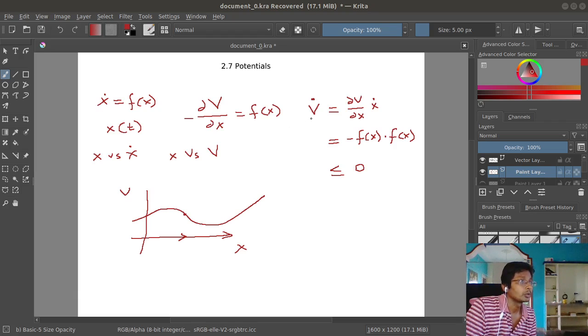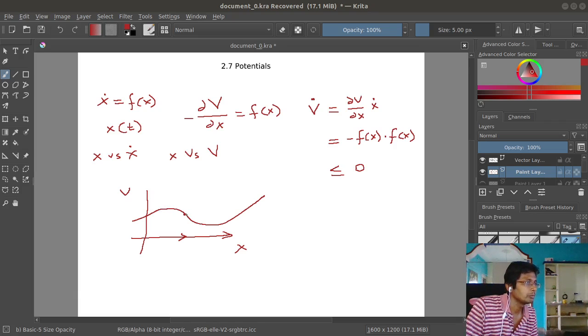So v dot will be 0 at fixed points. Okay, but also we know that ∂V/∂x is equal to minus f of x, right? So what is ∂V/∂x?